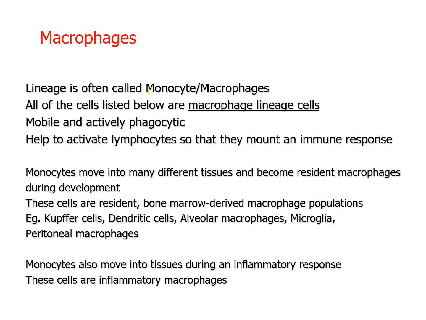The monocyte macrophage is a particular lineage, and of course it's a blood cell, so it's produced in the red bone marrow, from the primitive stem cells or hemocytoblasts. All the cells that are mentioned below are part of this lineage of macrophage cells.